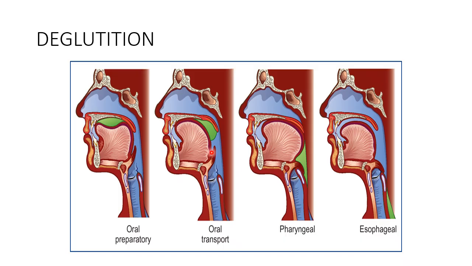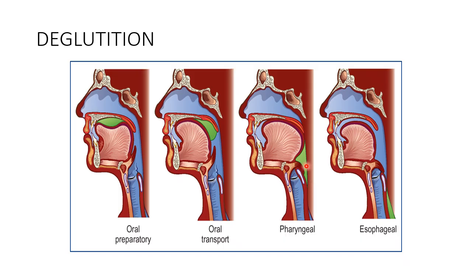Here epiglottis is like that, and here there is a downward movement. It closes the inlet for larynx. Larynx leads to trachea, so it will prevent the food entering the windpipe. And third event is there is an approximation of the vocal cords. And the next event is there will be relaxation of the upper esophageal sphincter.